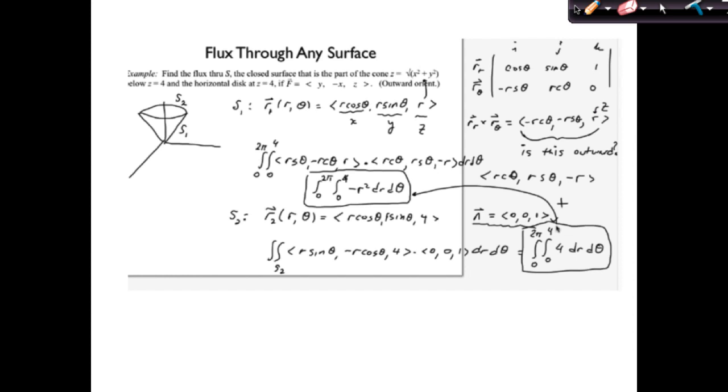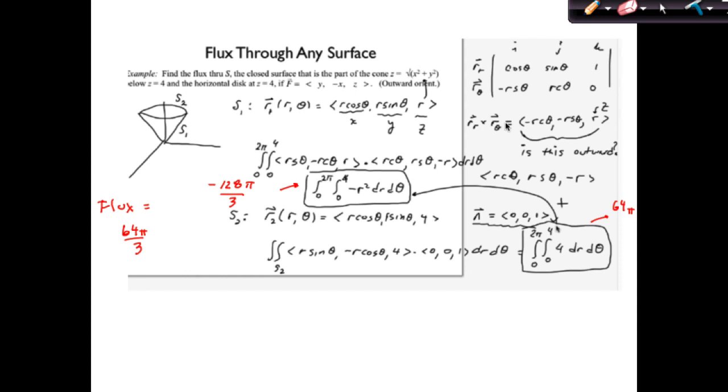And I think we said that for S1, I don't know, but I think that's negative 128 pi over 3. I think this one, we know, is 64 pi. And so then the total flux was 64 over 3, I hope. But we're going to find out.